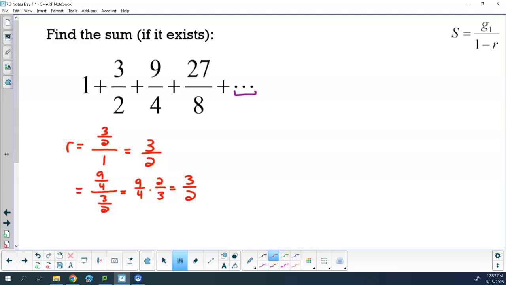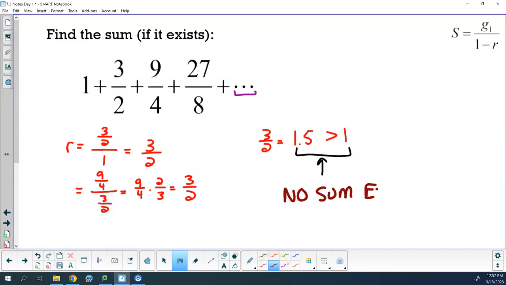The downfall with 3/2 is that it is bigger than 1. 3/2 is 1.5, and that is bigger than 1. So therefore, because of this, no sum exists.